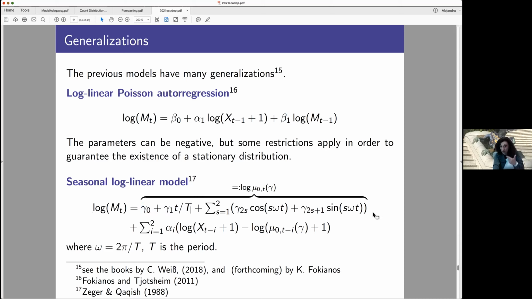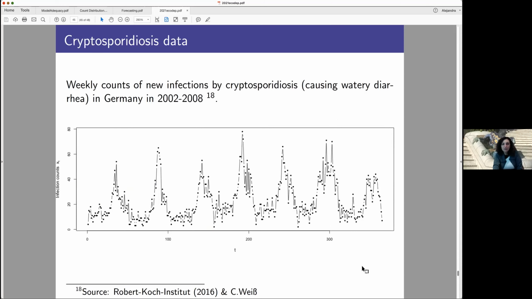You can add them to the model as covariates and fit the model like that, and then you can deal with things like this. For instance, these are weekly counts of some bacteria that causes diarrhea. You can see here a clear seasonal pattern, and maybe an increasing trend, but very slight.